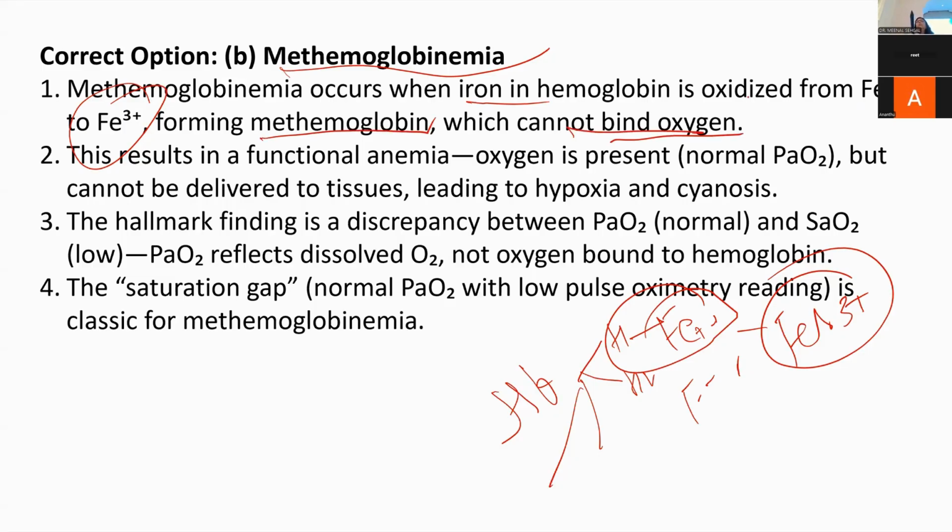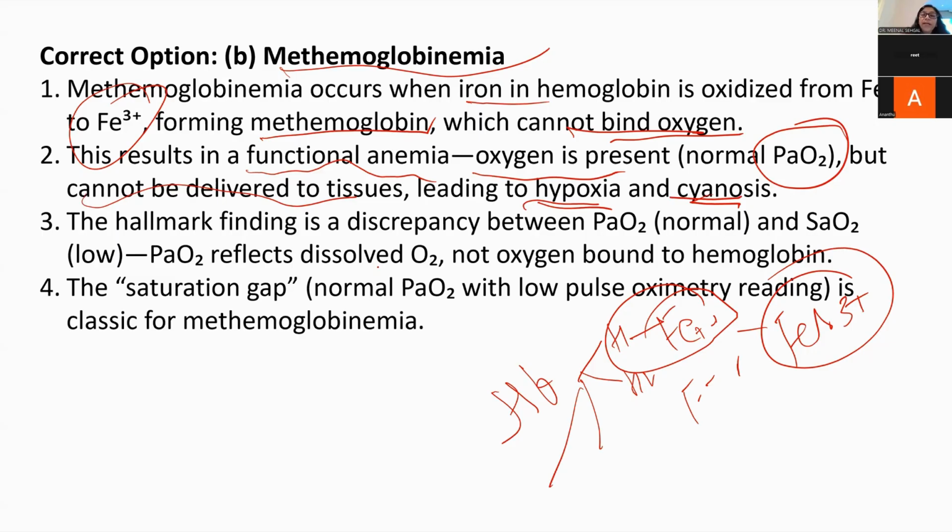The ferric form of iron cannot bind oxygen. And also it will not allow deloading of the oxygen from the other sites of the other heme molecules. So it results in functional anemia. So oxygen is present, that is PO2 is normal, but cannot be delivered to the tissues, leading to hypoxia and cyanosis.